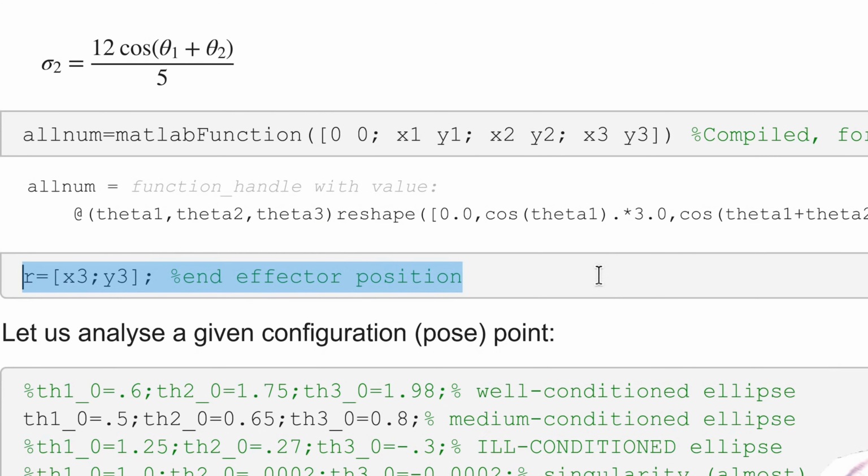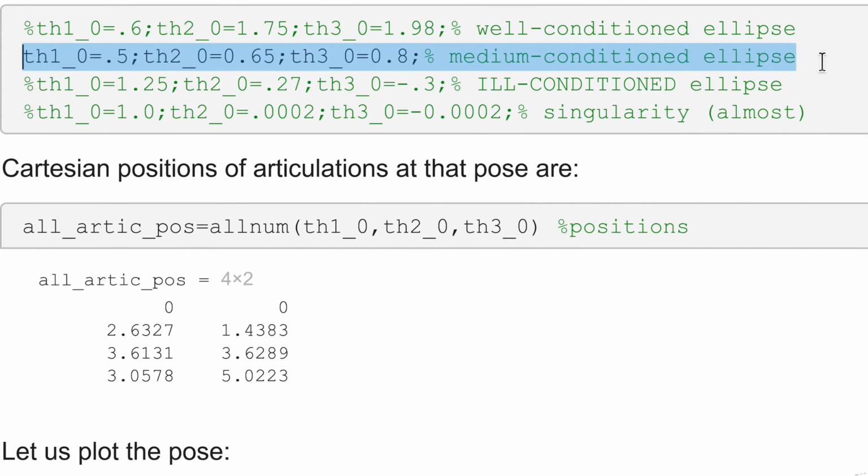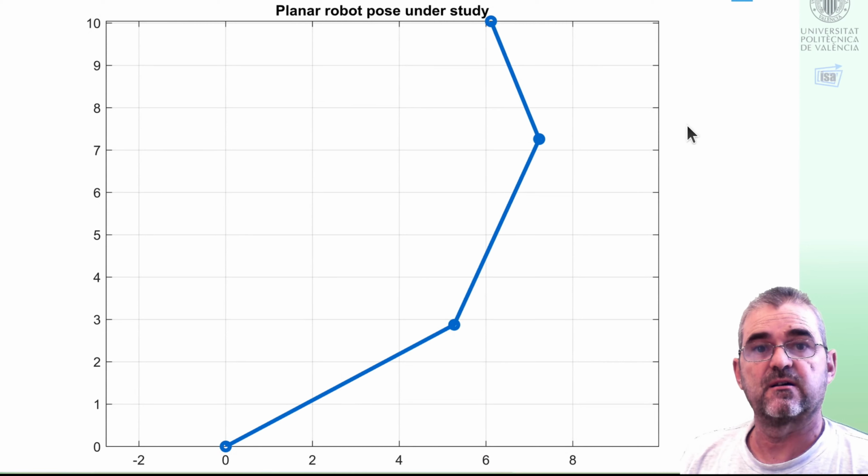The end-effector position was named R, and we are studying manipulability in this pose with these angles, and we can see here the pose of the planar robot.